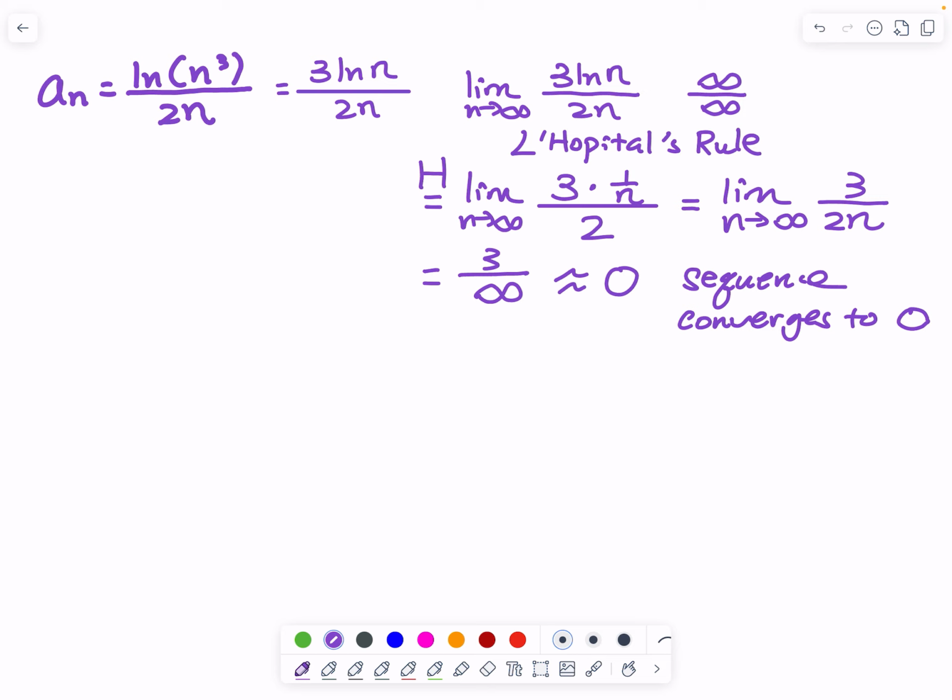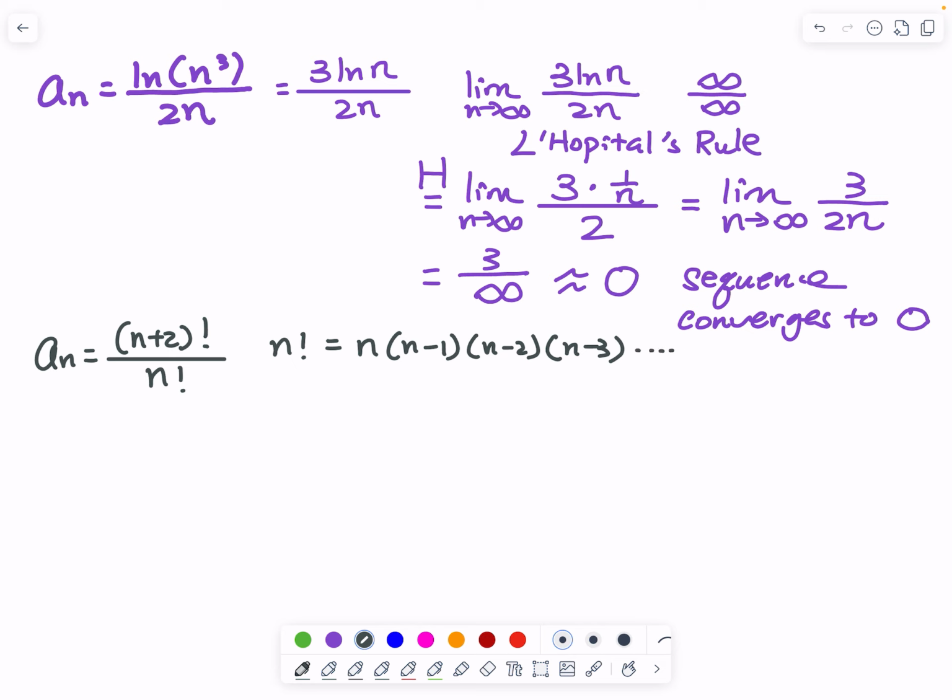Okay, I do have another sequence that uses L'Hopital's rule, but before I get into that, I want to do one that has a factorial. I need to remind you that n factorial is equal to n times n minus 1 times n minus 2 times n minus 3, and you keep on multiplying until you reach 3, 2, 1.